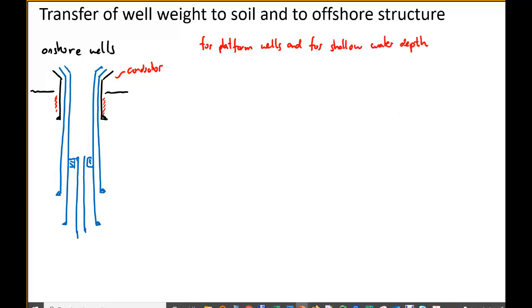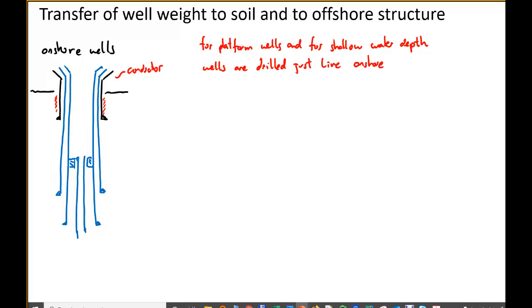Okay, I drill the same way that I do onshore. So actually the conductor, in the platform, goes all the way to the platform. Simply, wells are drilled just like onshore, where you simply extend.